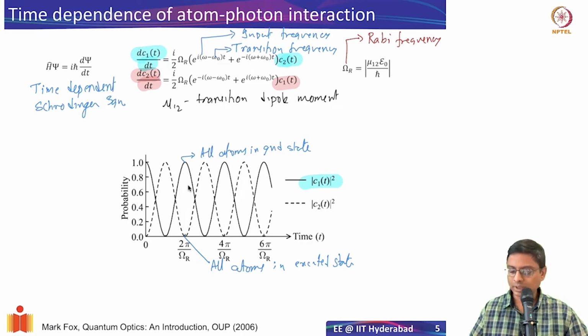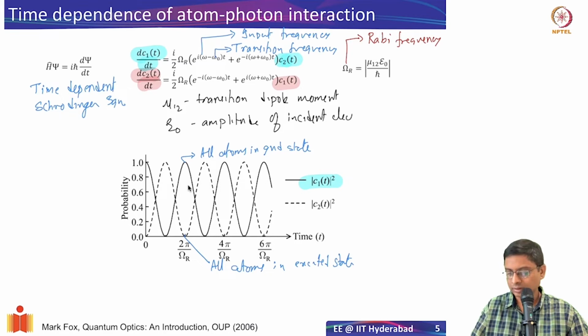And E naught is basically the amplitude of the incident electric field.